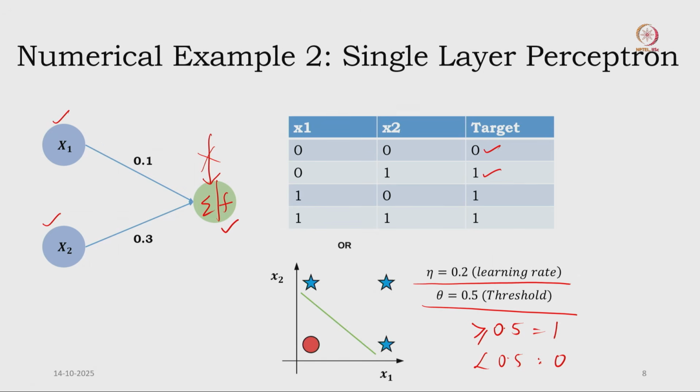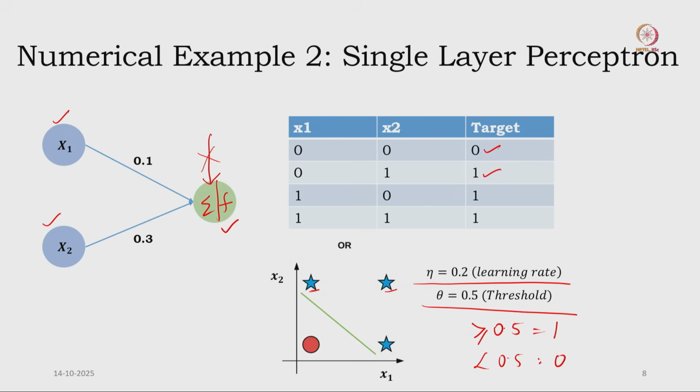Okay. So, with this let us look into how to solve this, and this is a diagrammatic representation of an OR data set. When both the inputs are 0, you have the value 0. When one value is 0 and the other value is 1, we have the value 1. And when both x1 and x2 are 1, we get this value.